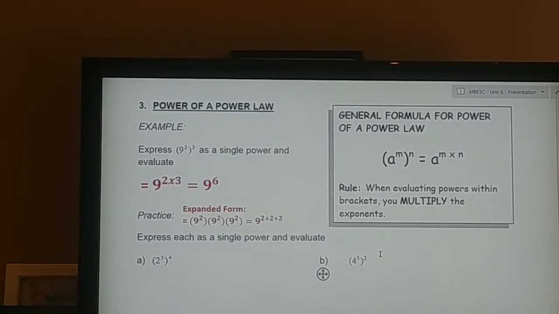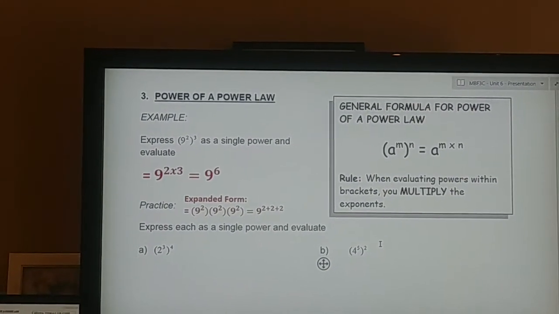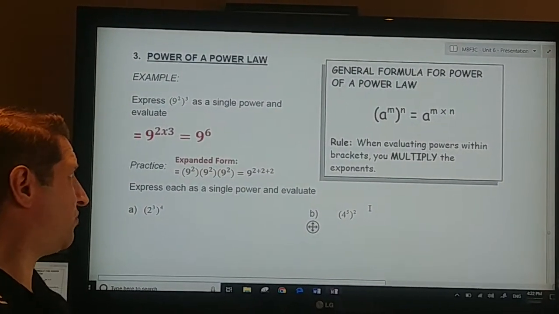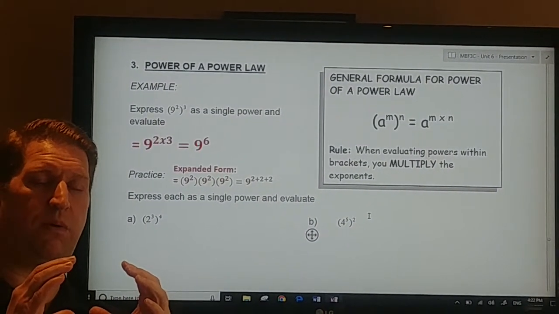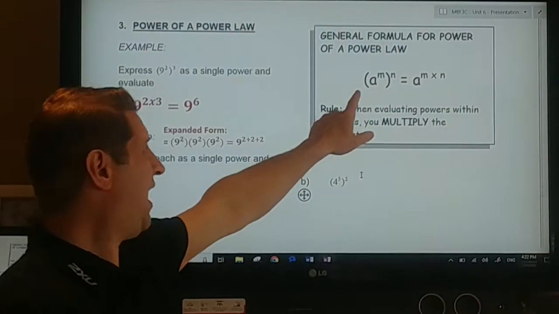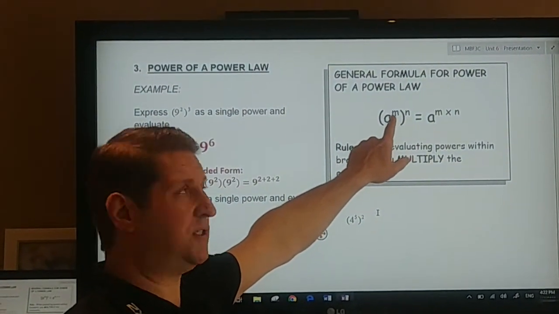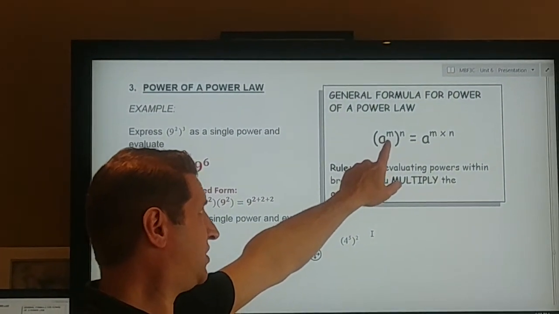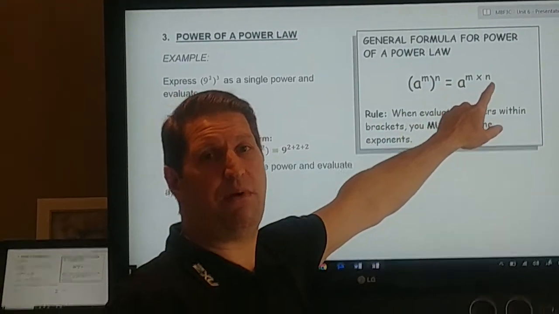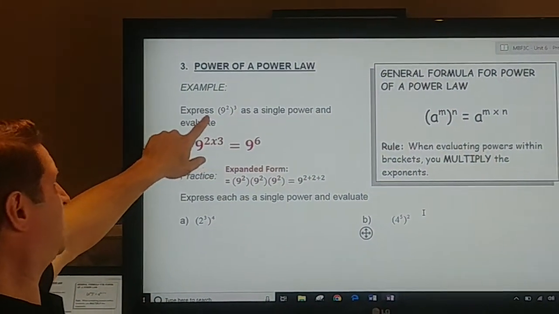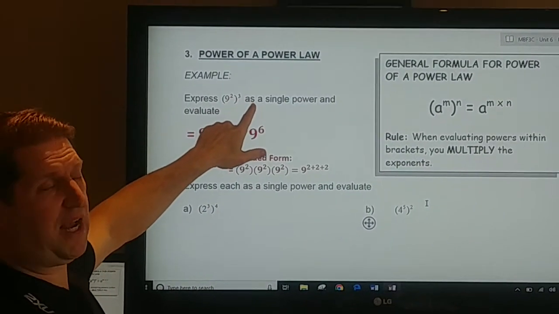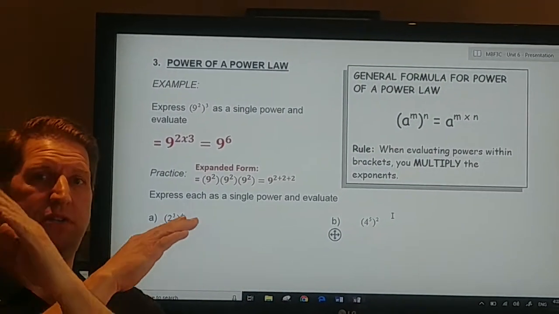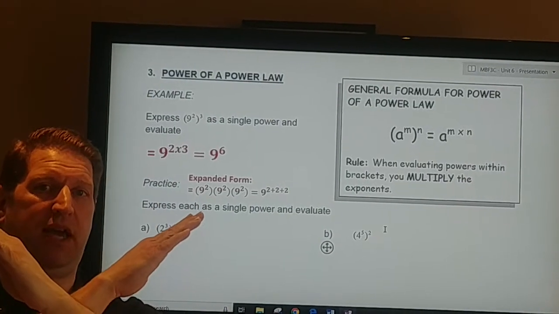Rule number 3 is often referred to as the power of a power law. And in this rule, you have an exponent already, and it's being raised to a power. So rather than deal with multiple expansions, it's simpler just to take the two powers and multiply. So in the case of 9 squared all to the power of 3, it's much faster just to remember that powers become multiplication.